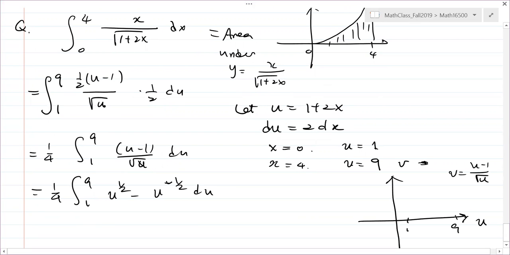When u equals 1, it's 0, starting from 0 again. When u equals 9, it's going to be (9 minus 1) over square root of 9, divided by 4. So it's 8, 4, 3, 2 over 3, somewhere here. So this is a graph like that.